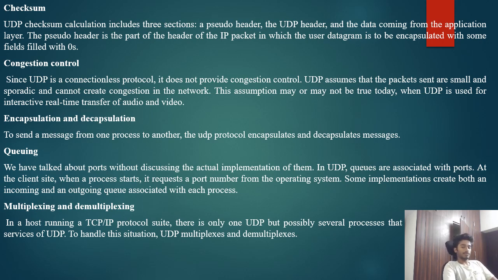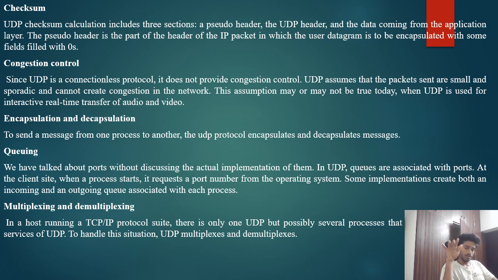Multiplexing and demultiplexing. In a host running a TCP/IP protocol suite, there is only one UDP but possibly several processes that want to use the services of UDP. To handle this situation, UDP multiplexes and demultiplexes.